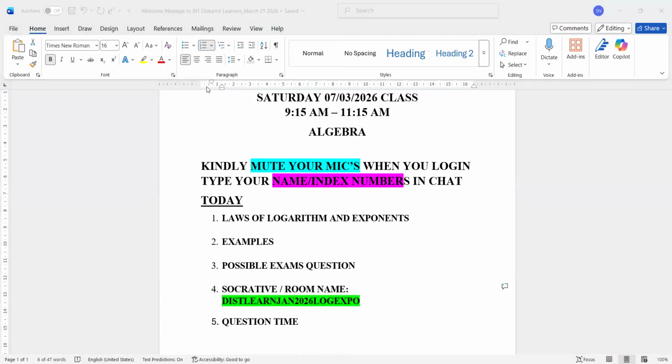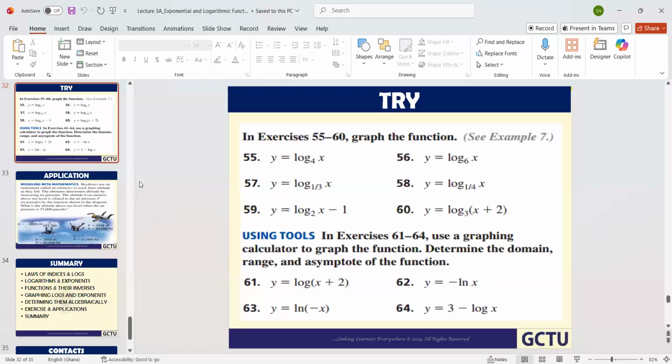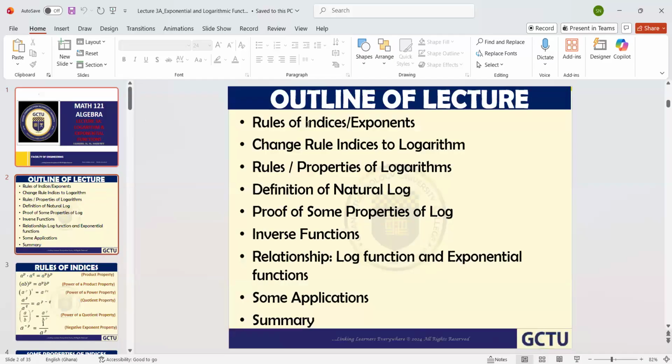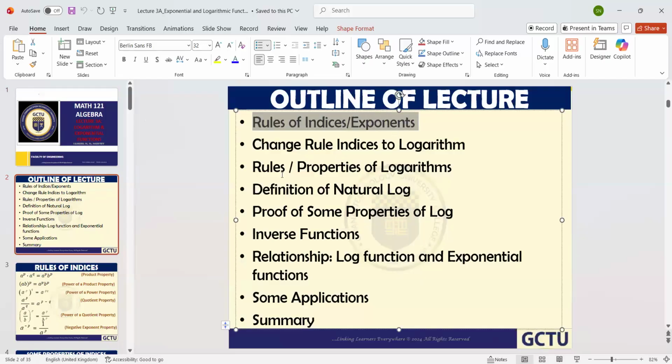Okay, so let's see. I have a PowerPoint on logarithm and exponents, but I'll just show you briefly what that PowerPoint is. But I'm going to use an Excel document to explain what I want to teach you. So these are the things we'll be looking at: the rules of exponents and the rules of logarithm.